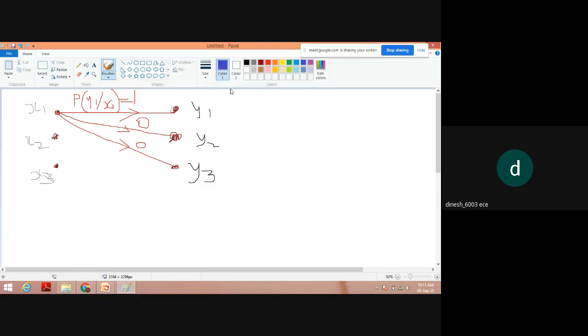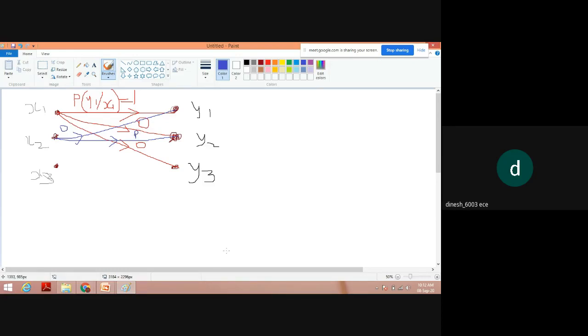So next I'll draw it for x2. So for x2, y1 over x2, which I'm highlighting in blue color, is 0. And y2 over x2 is p. This is all from your channel matrix. Again in blue color it is p.